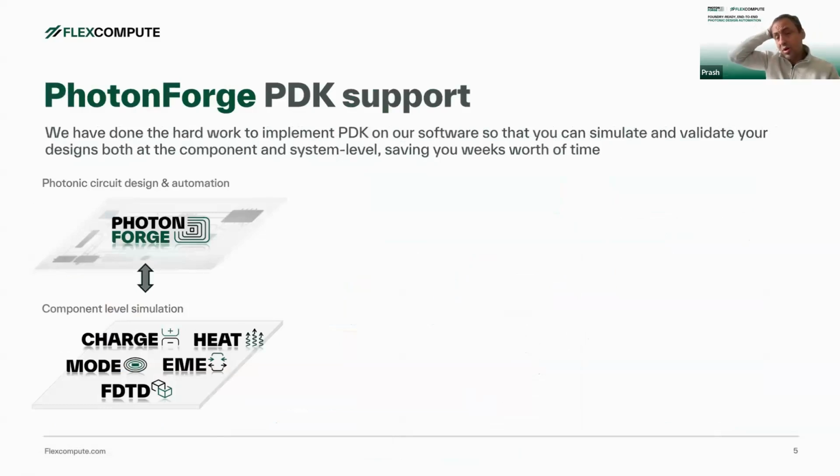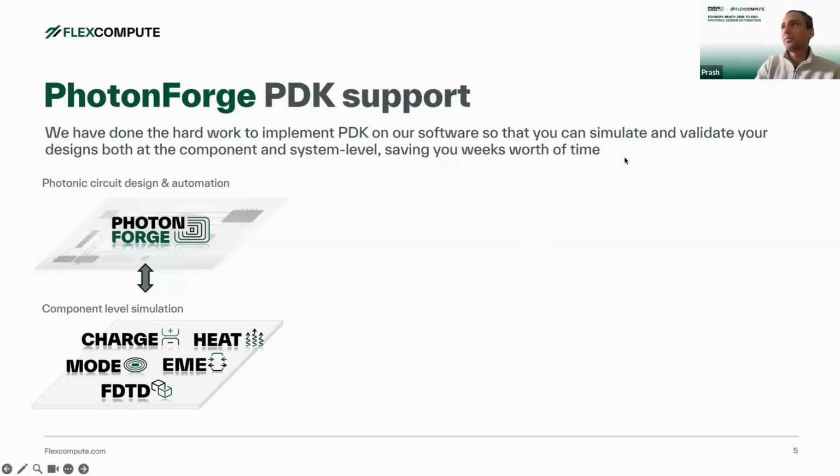And so in Photon Forge, what we've done is the hard work to read through that PDK and implement it in our software, so that the process for you to go from maybe doing a layout, or even just looking at the cross section, and starting to do simulations is a lot faster.